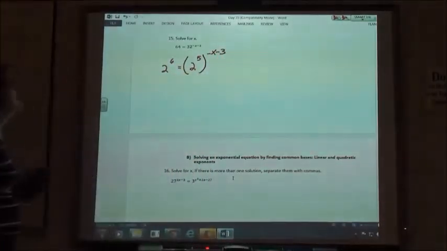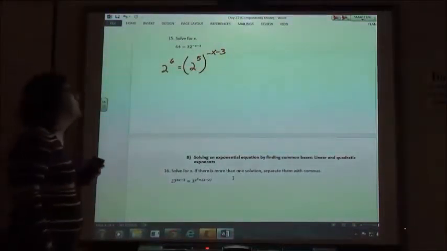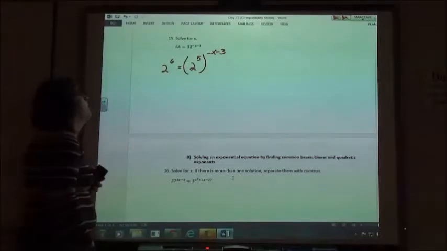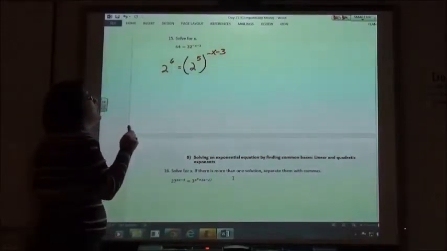Now that we got the bases the same, what can we do? We're going to put the exponents equal to each other, right? Yep.